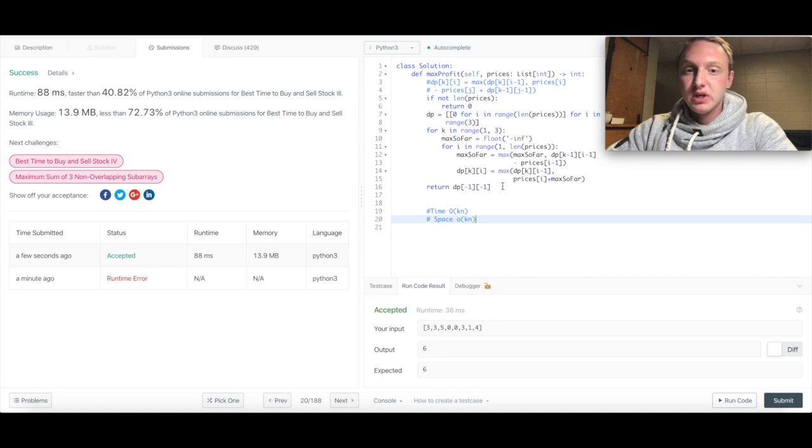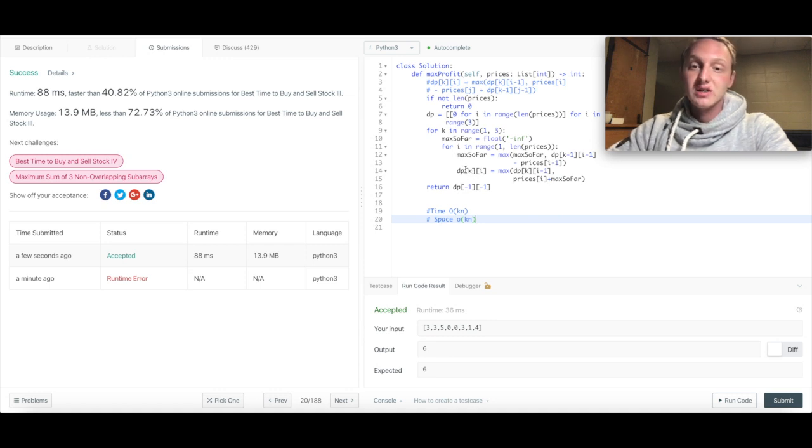So how can we improve our solution? If you look closely enough, essentially we're not using the whole table when we're calculating each next step, each next transaction.